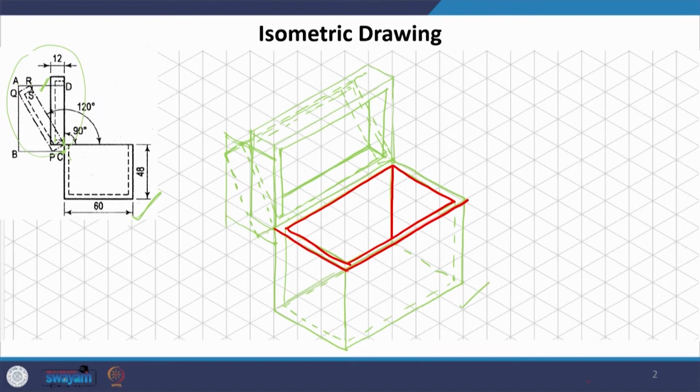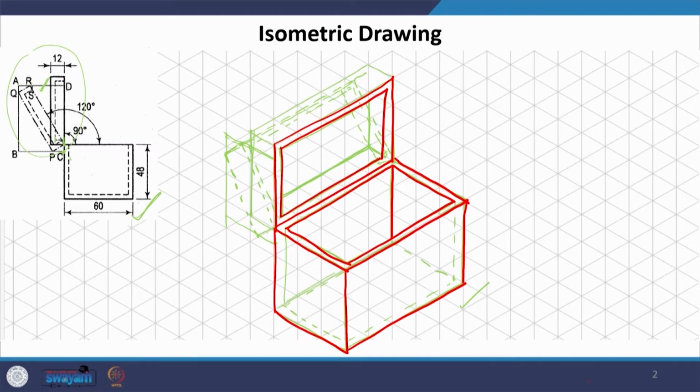So, this is a very simple example of combination of solids, but why I took this example is because the solids are going to be regular solids or distorted solids, but all we have to look at is their orthographic projection and just draw it out of that.